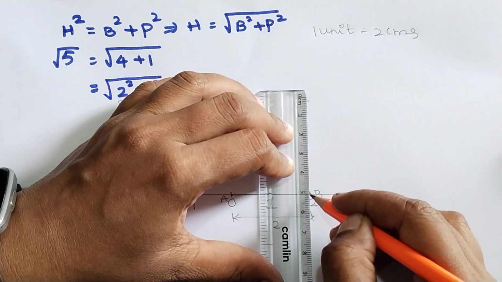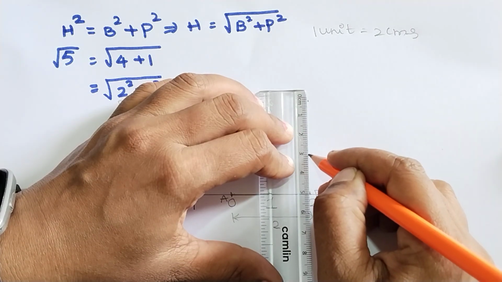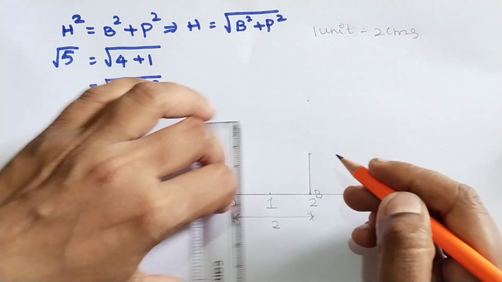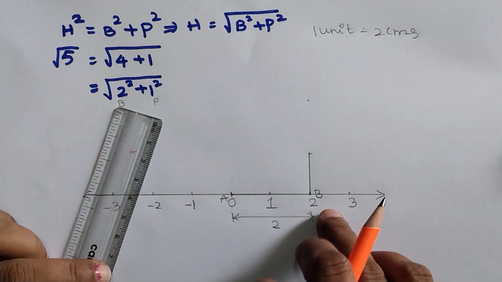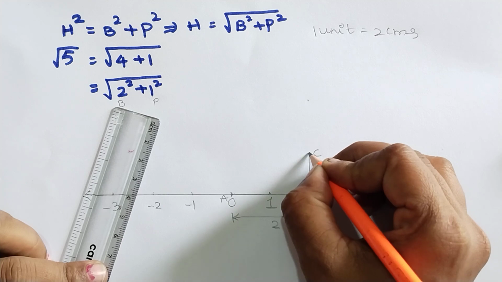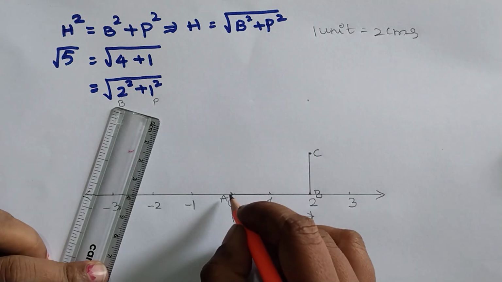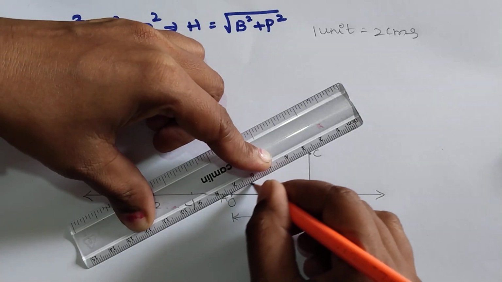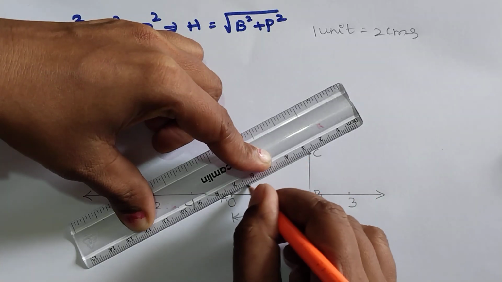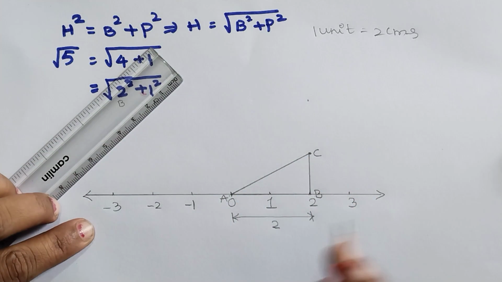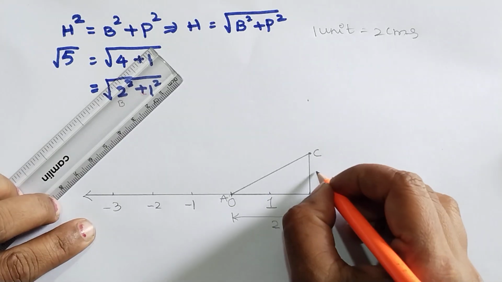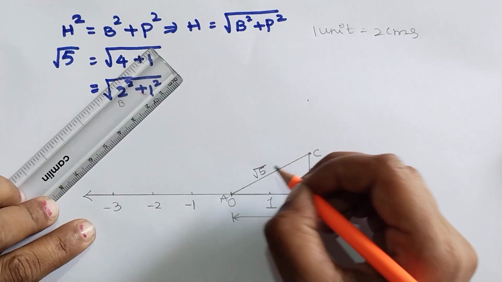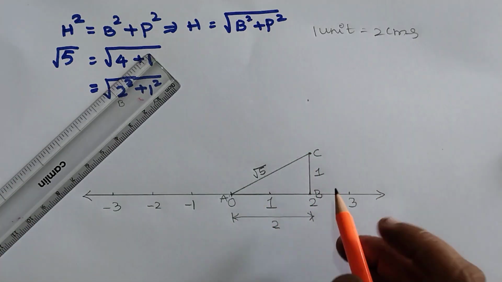With this perpendicular, we are going to mark 1 unit. Now, it is our 1 unit. Take this point as C. Now, join AC. AB is 2 units, BC is 1 unit. Now, AC is root 5, but it is not on the number line.